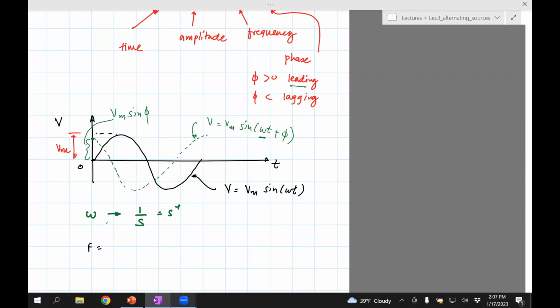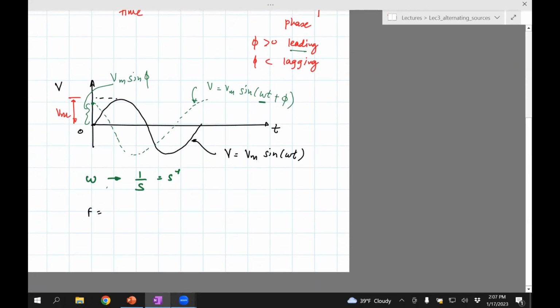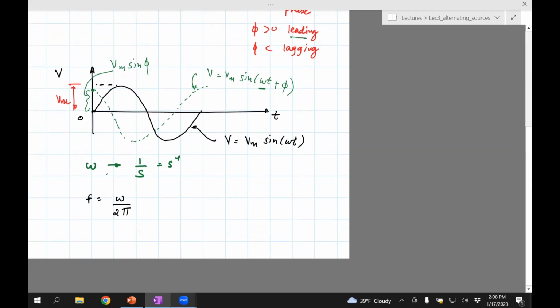It's just dividing omega by 2 pi, and then that frequency f is the one which people sometimes write as frequency. There are two ways of doing that, right? So this is how an alternating voltage is written.